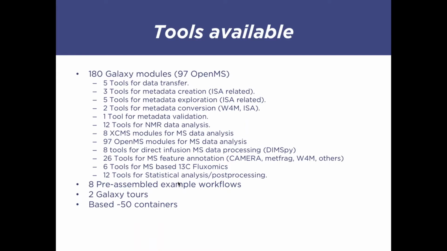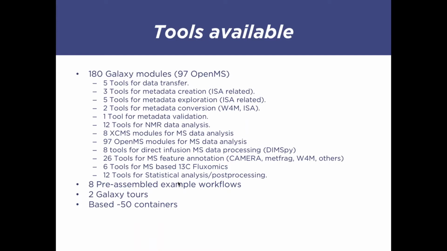We have an additional set of tools to further process the initial preprocessing in mass spectrometry. We have tools to deal with carbon-13 based fluxomics in mass spec as well. And we have tools for statistical analysis and post-processing of your NMR or MS pipelines.